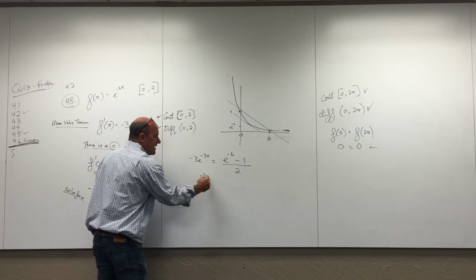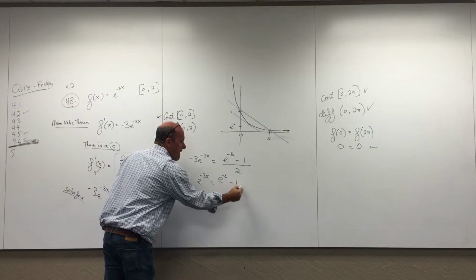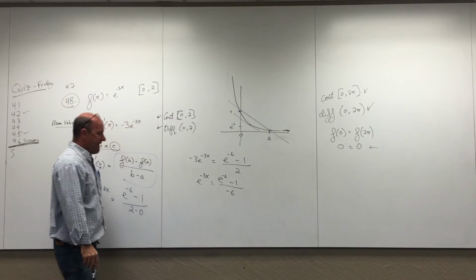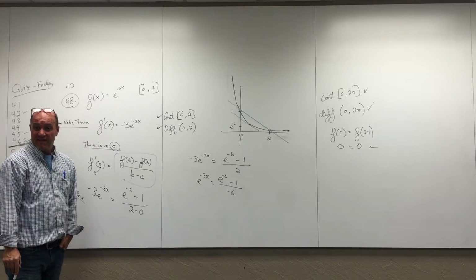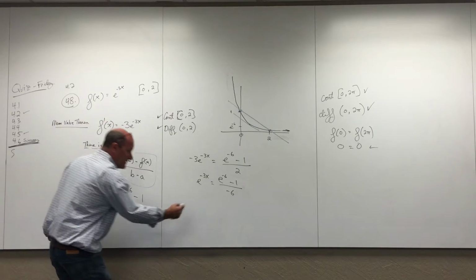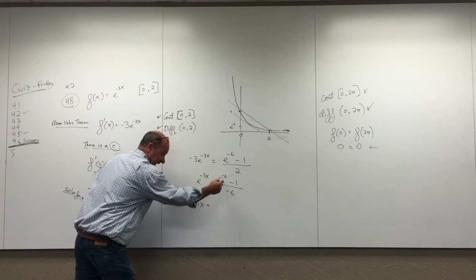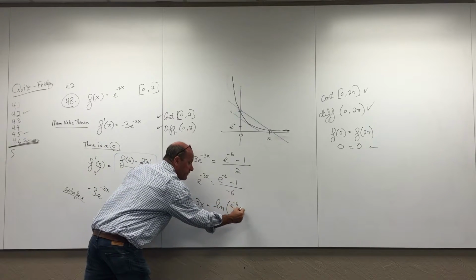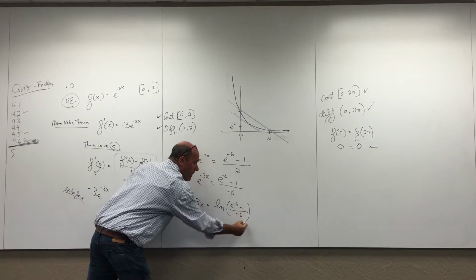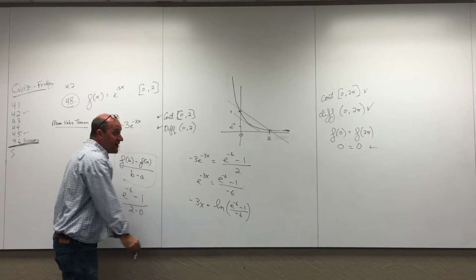Then you know what to do now? Take the ln of both sides. The ln will kill this e. The ln will just be a big nasty ln here. Divide by negative 3. There's your answer.